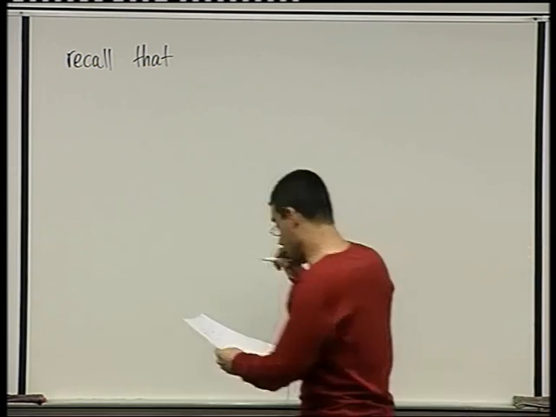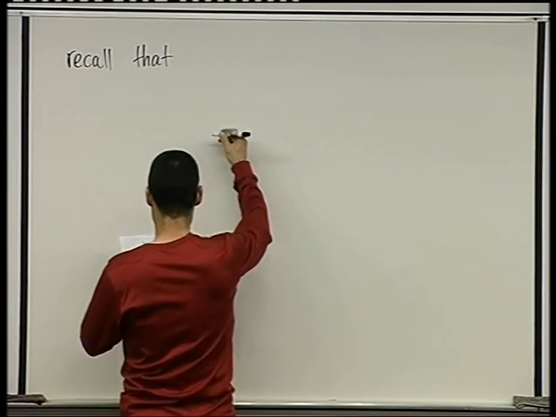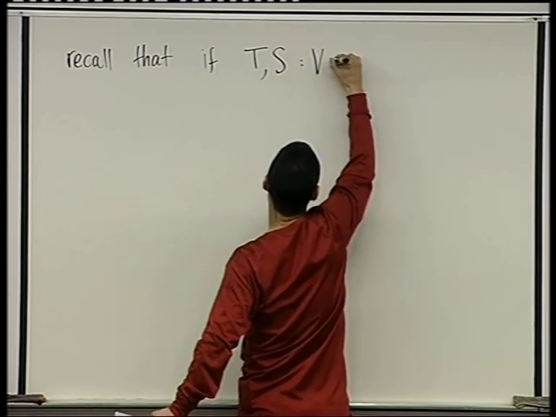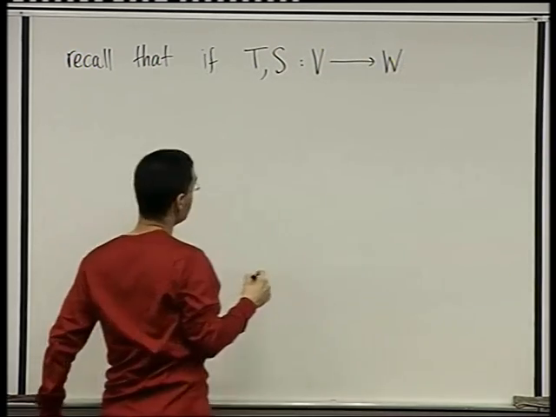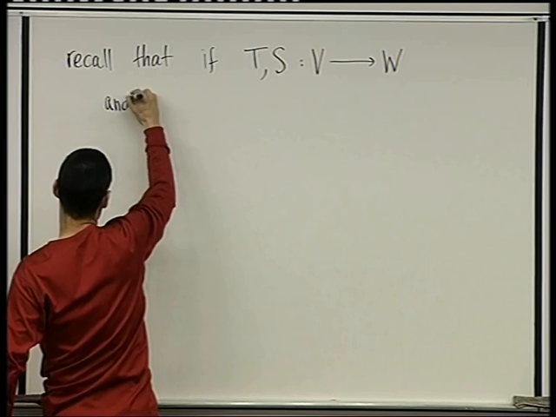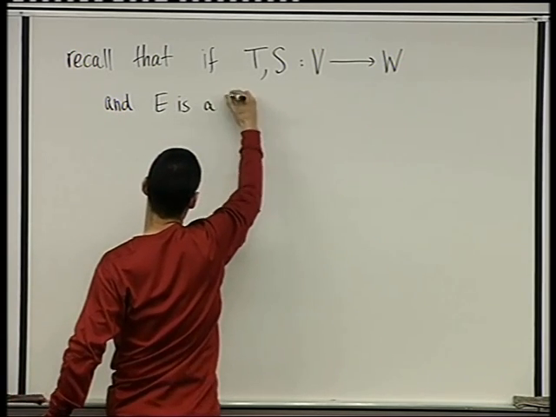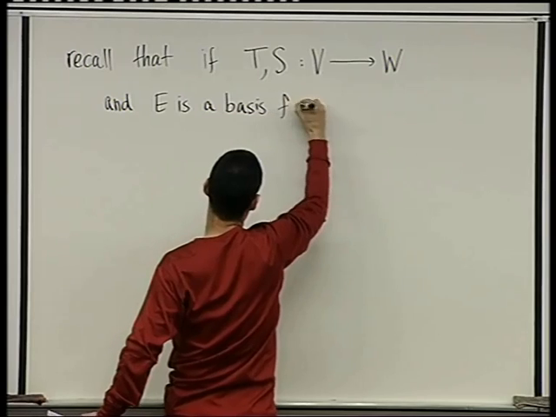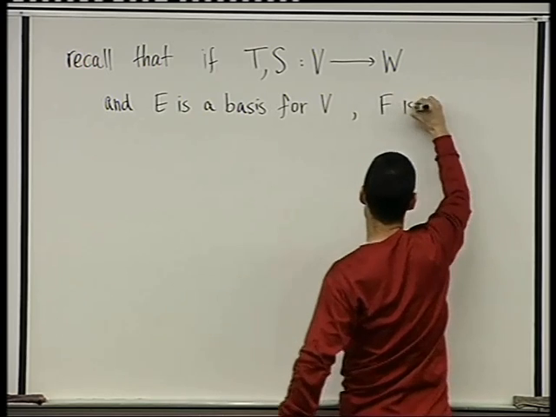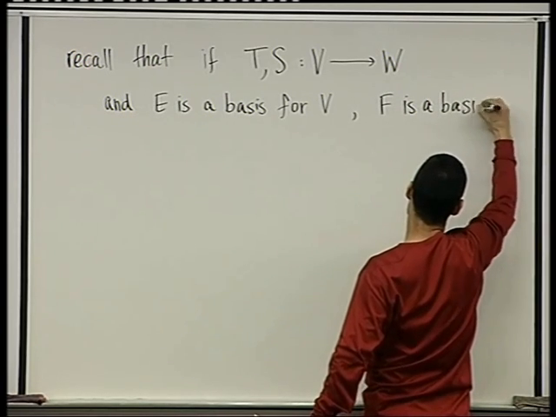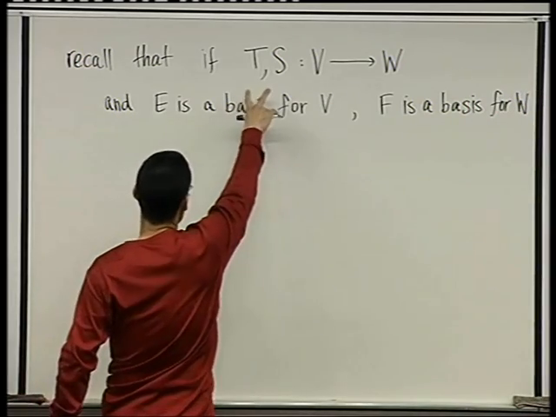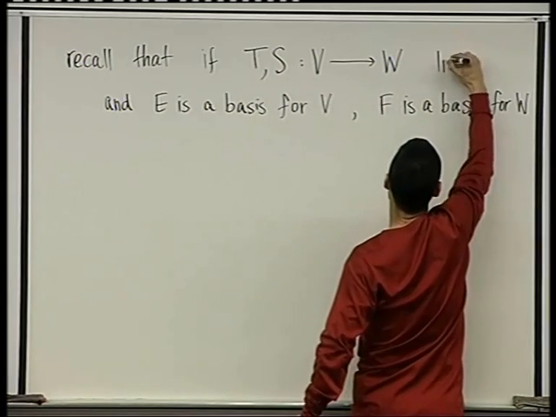Okay? So recall that if T and S are maps from V to W, and E is a basis for V, and F is a basis for W. So we have two linear maps, T and S, from V to W, linear.